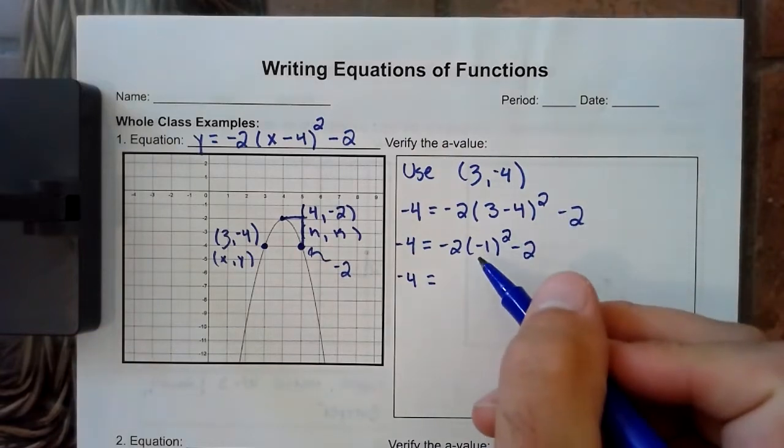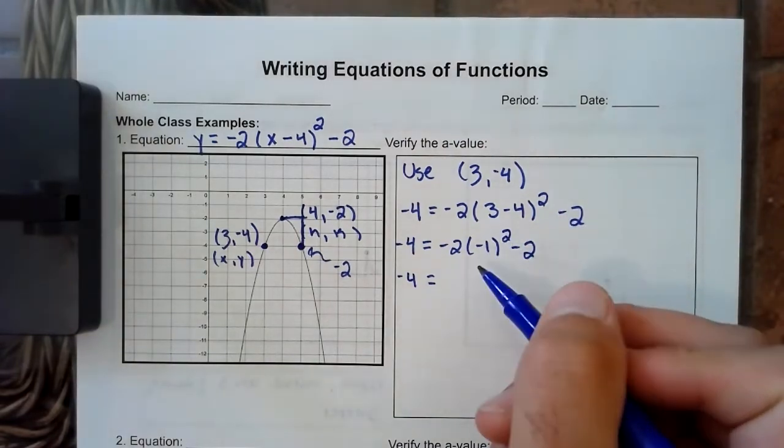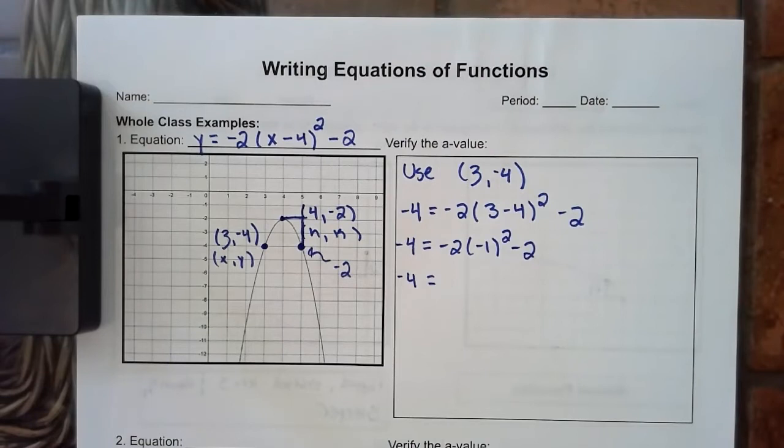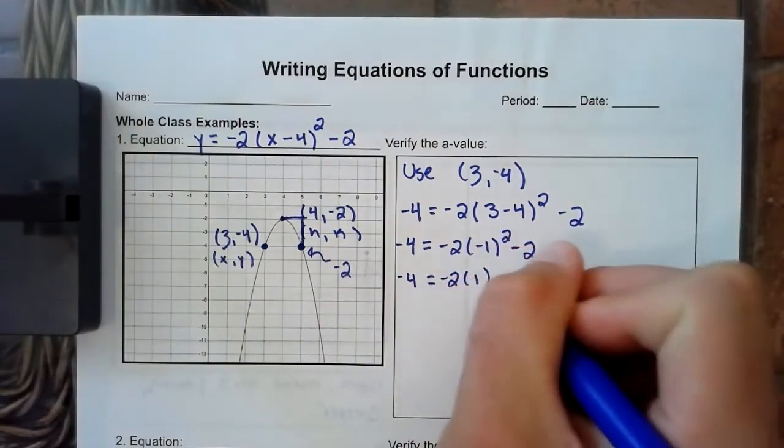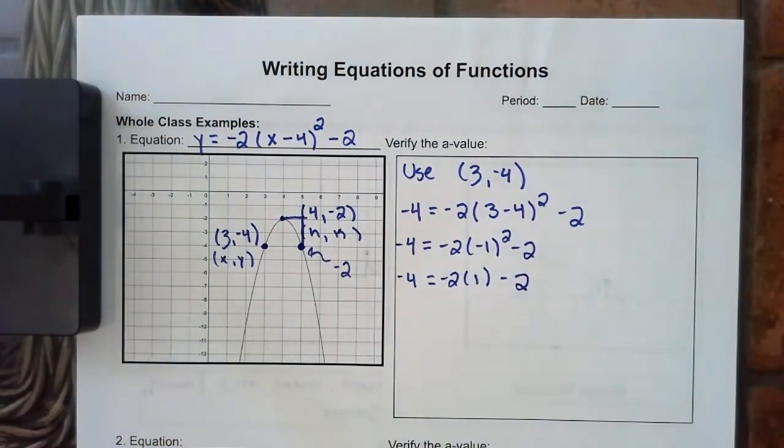Next, after parentheses, is exponents. We have (-1)². Remember what it means to square something: multiply it by itself. It's really easy to mess these up. So if we stop and think about it, what is -1 times -1? It's actually going to be +1. A negative times a negative is in fact a positive. Always stop and think, what does it mean to square something?